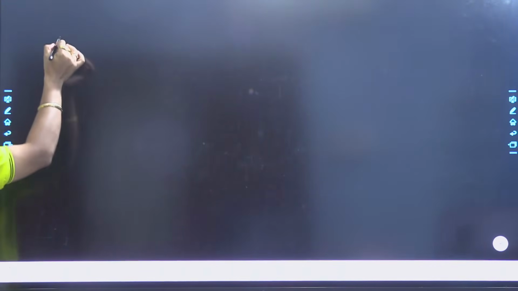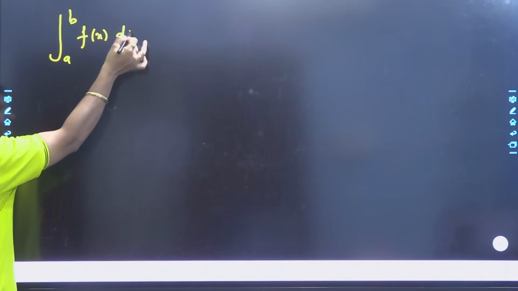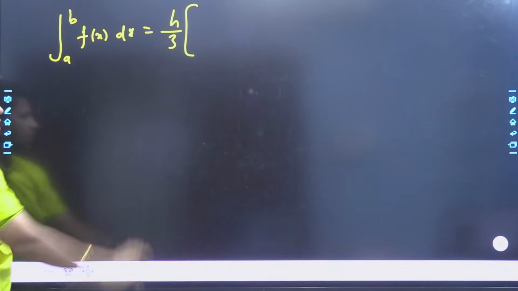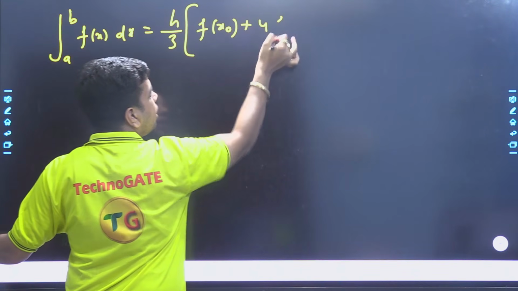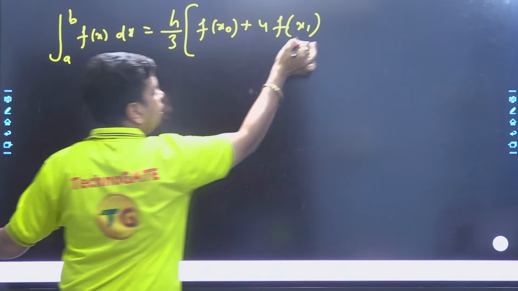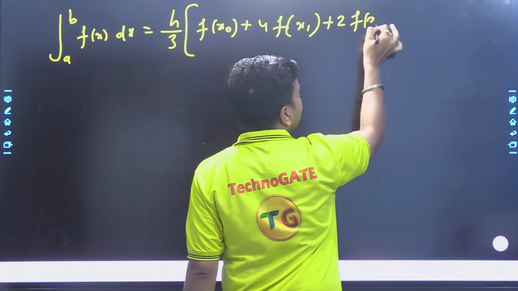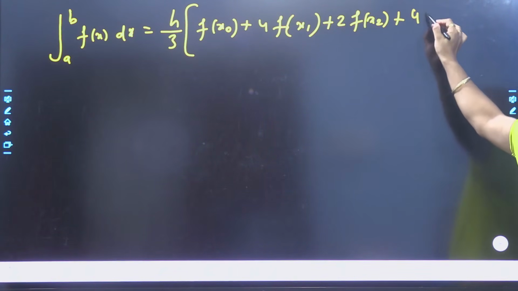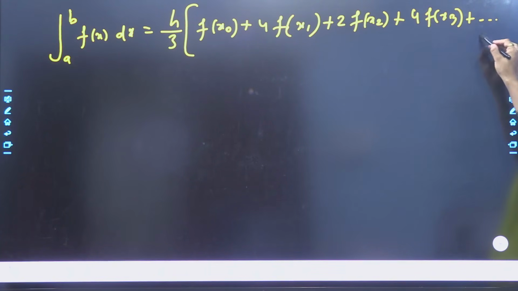See, the formula for the Simpson 1/3 rule, the integral from a to b of f(x) dx, is equal to h by 3 times f(x0) plus 4 f(x1) plus 2 f(x2) plus 4 f(x3) and so on till f(xn), like this.